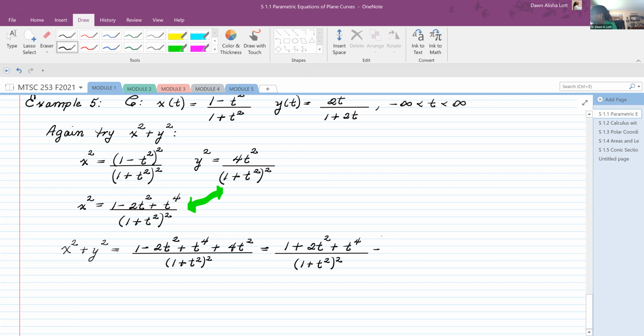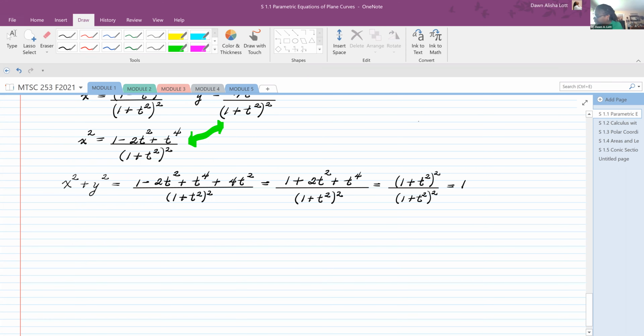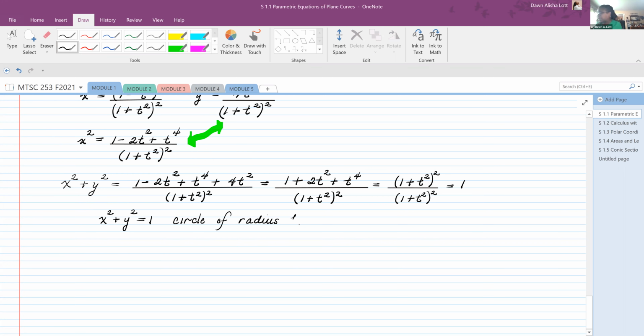But guess what? That's what the top is. It's 1 plus t squared, squared over 1 plus t squared, squared. Aha. So now I get x squared plus y squared is equal to 1. So again, I get a circle of radius 1.